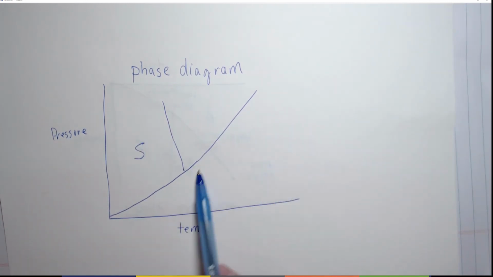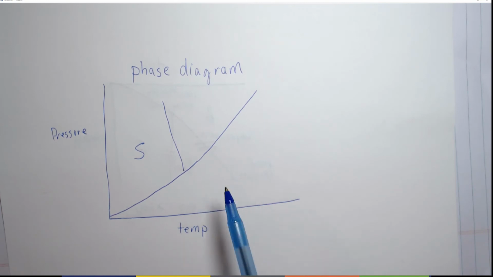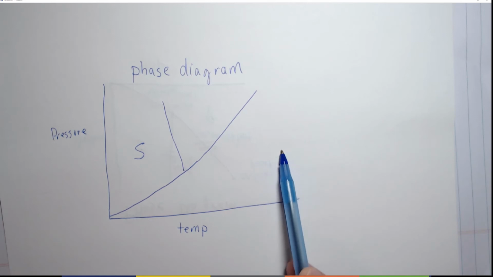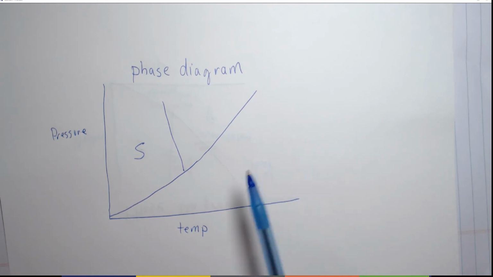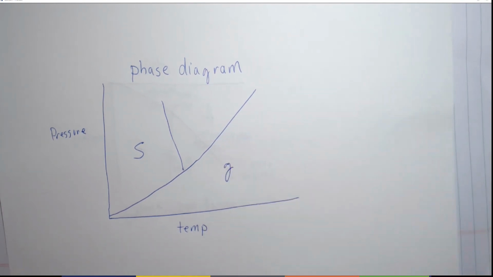Okay, let's look at this region over here. In this region, we have high temperatures, right? We're way over here on the x-axis, and we get down to very, very low pressures when temperatures become lower. So at high temperatures and extremely low pressures, the gas phase is what is existing.